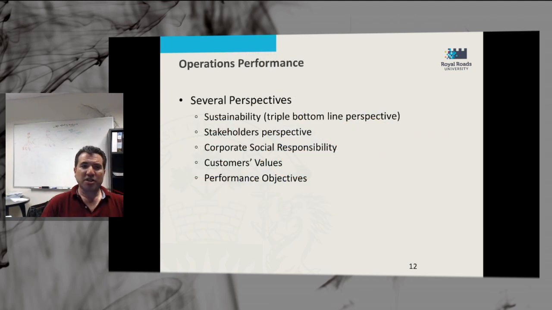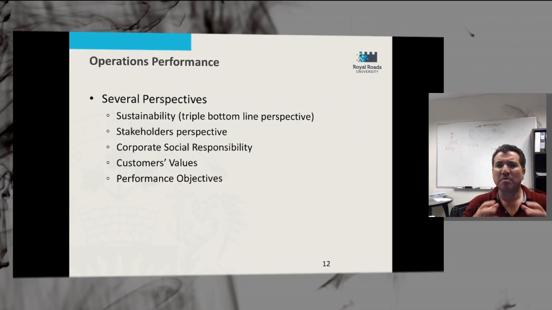Okay, so chapter 2, which we have not discussed so far, talks about operation performance. When I talk about performance, what does performance mean? Everyone will see performance differently. Performance can be viewed from a sustainability perspective, or from a stakeholder perspective, or corporate social responsibility perspective, or customer value perspective.